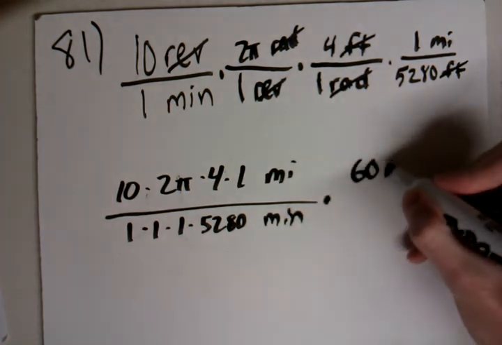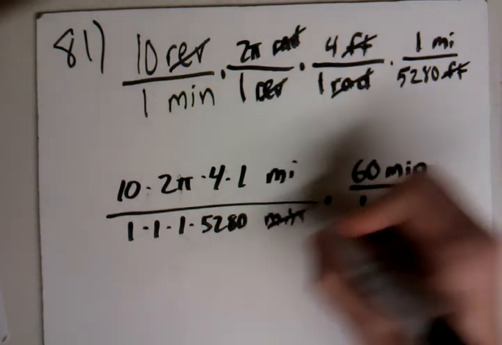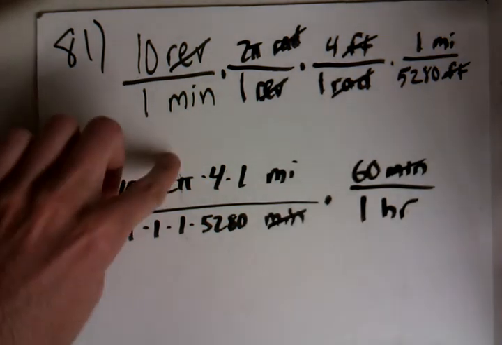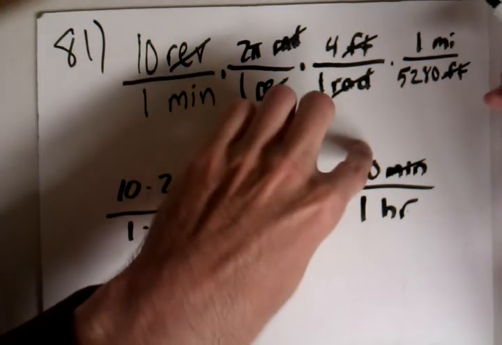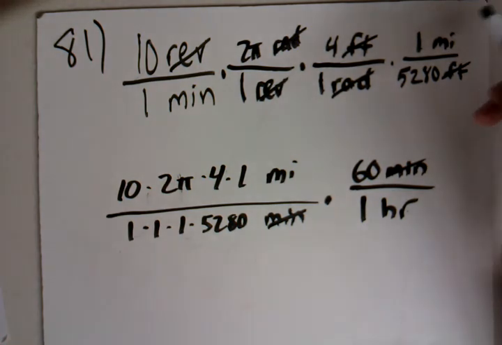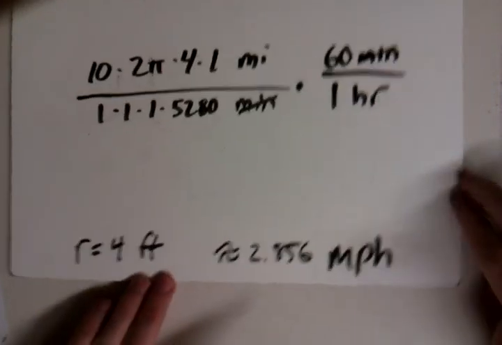So the last thing I got to multiply by is another 60 minutes in 1 hour, so the minutes will cancel. So 10 times 2 pi times 4 times 60, all over 5,280. And that should work out to be approximately, this was number 81, 2.856 miles per hour.